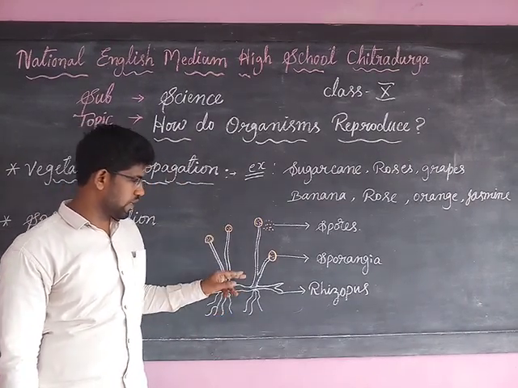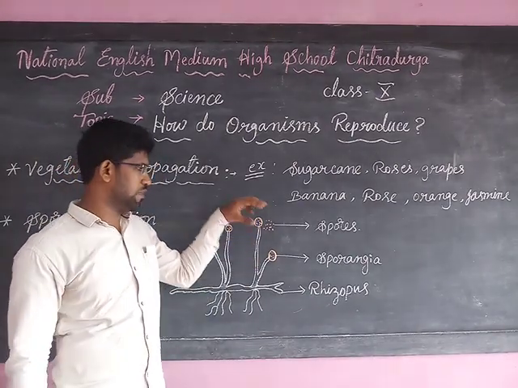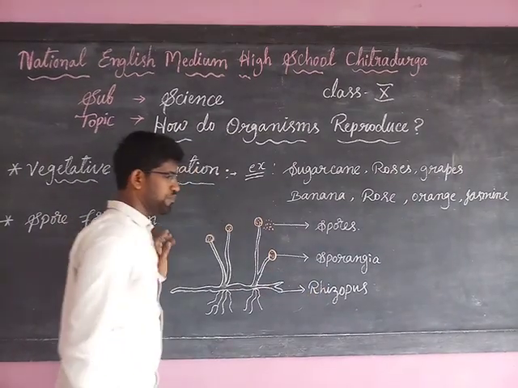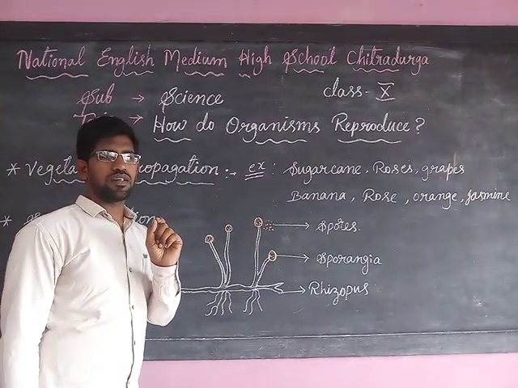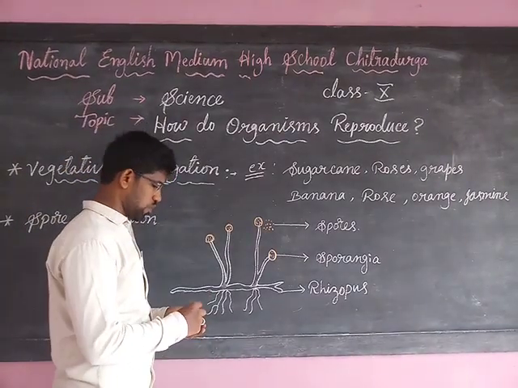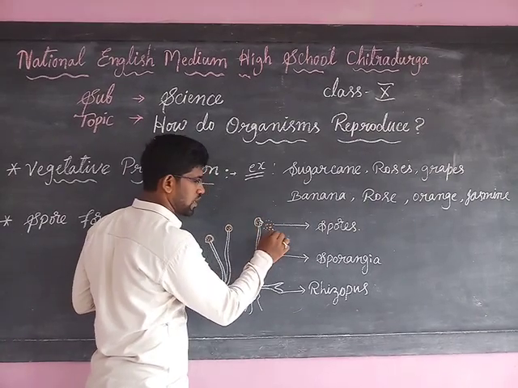Rhizopus has a cylindrical structure in which a bulb-like structure is placed. This bulb-like structure is called the sporangium, in which the reproductive cells are present, which are called spores. When it ruptures, the spores come out.